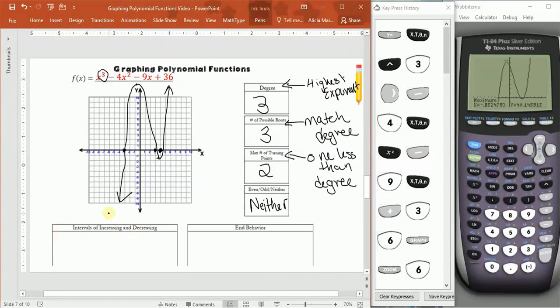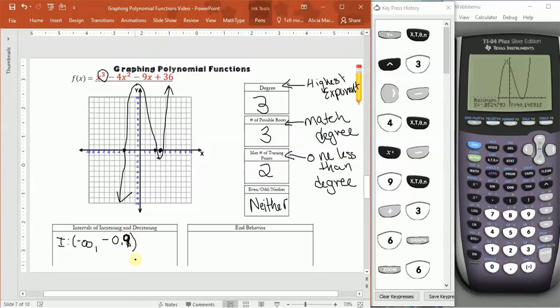Intervals of increasing. Notice there's quite a bit of increasing and decreasing going on in these graphs. Well, it looks like I'm increasing from negative infinity to, oh, what's that x value? That x value was negative 0.8 or 0.9, I think we wrote down.